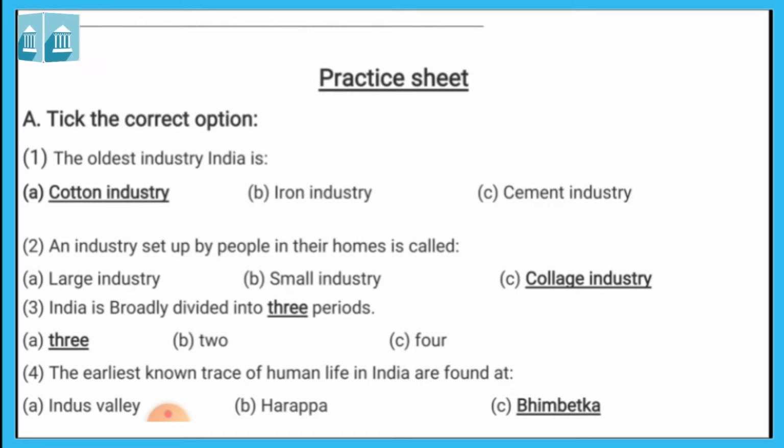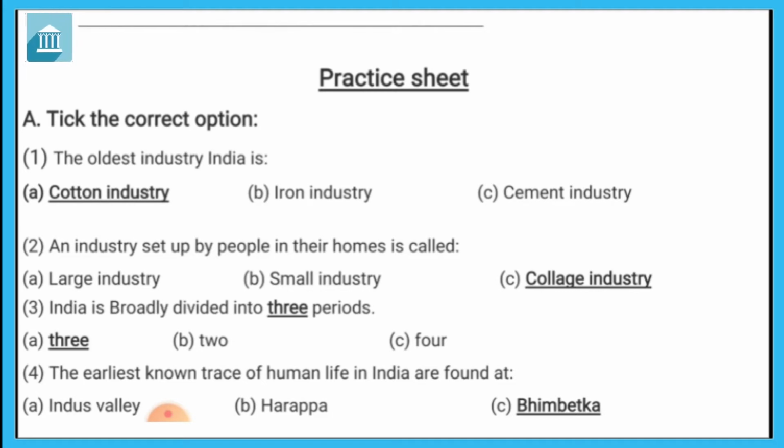This is the industry that we can run from our house, and the other family members can help the person to run the industry. This is a cottage industry, not college. Here one typing mistake is there. It is COTTAGE, cottage industry. The family members work together in cottage industries to produce goods.